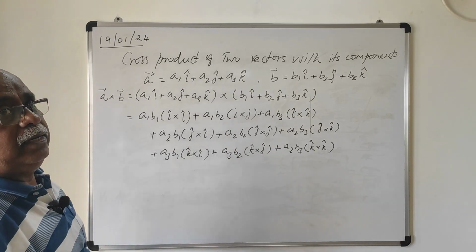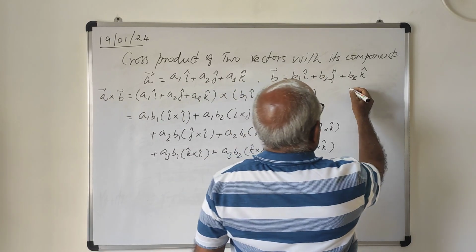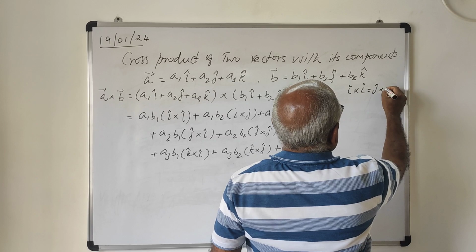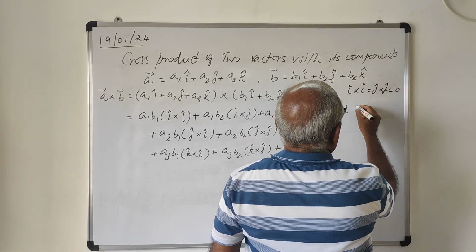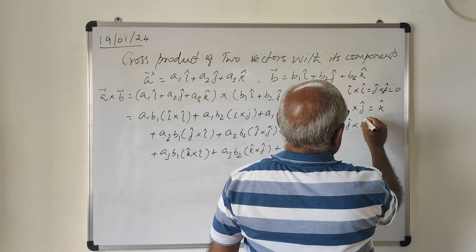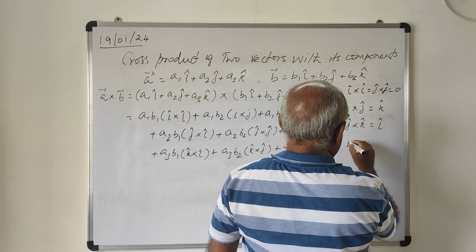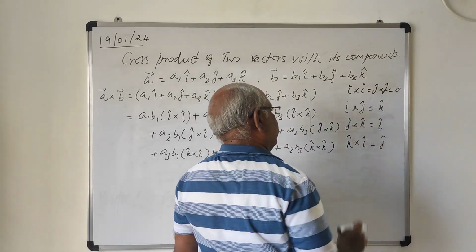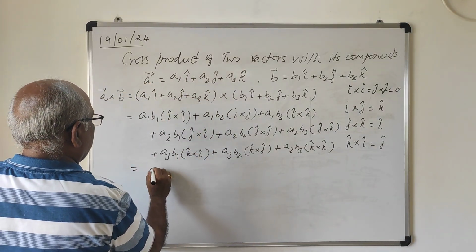You know I cross I is 0. You know already, I cross I, J cross J, K cross K, everything is 0. And in the clockwise sense, I cross J is K, J cross K is I, K cross I is J. Reverse, J cross I is minus K. So the first term is I cross I, 0.